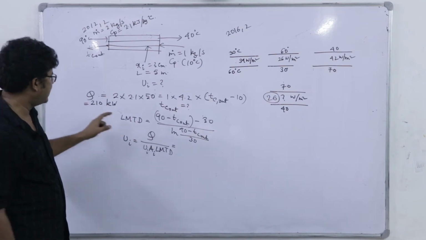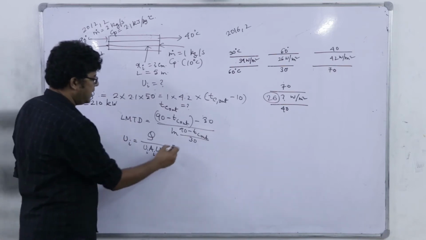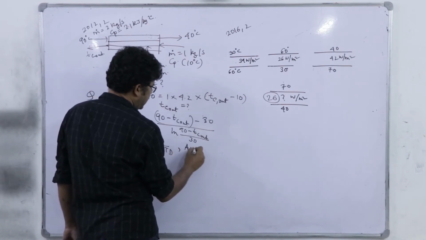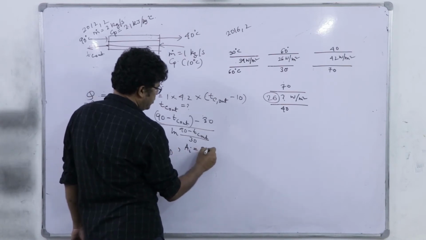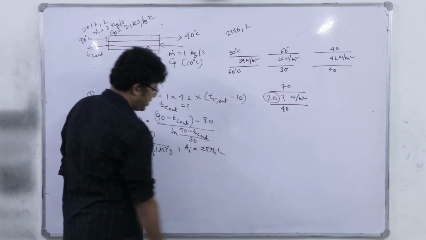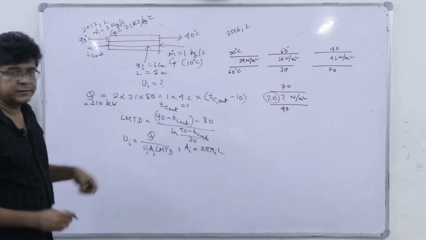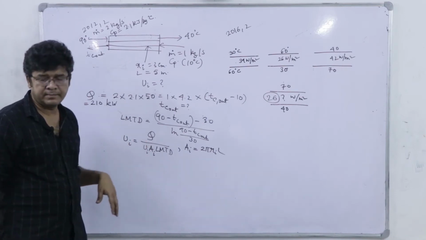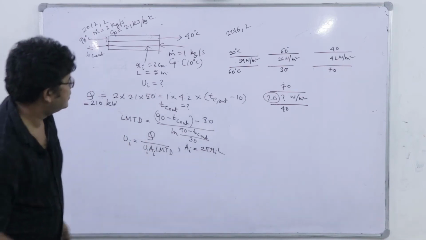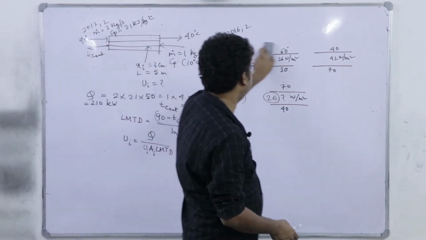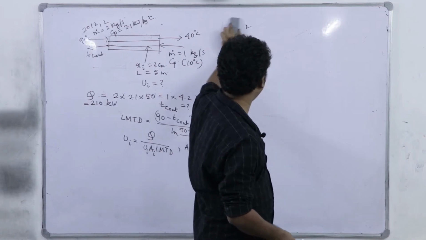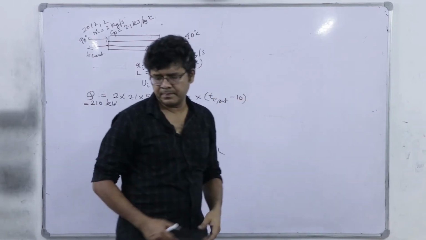So Q will be substituted here, and Ai will be equal to 2 pi Ri into L. You substitute it here and from there we can get this Ui. It is a straightforward problem, but you have to be careful about the units and dimensions.